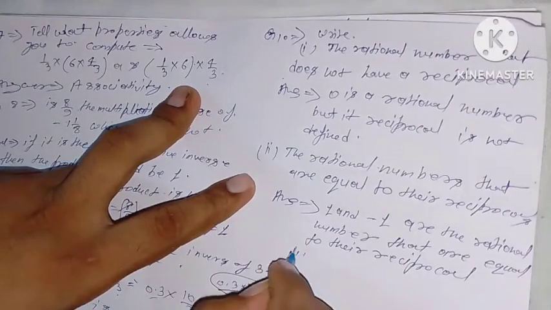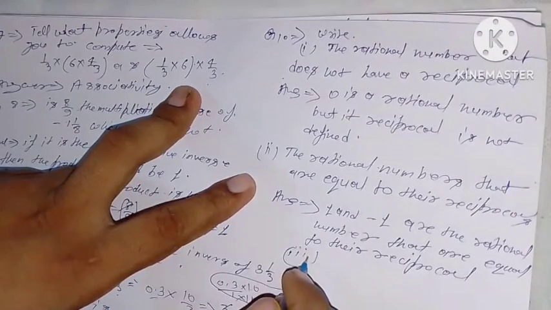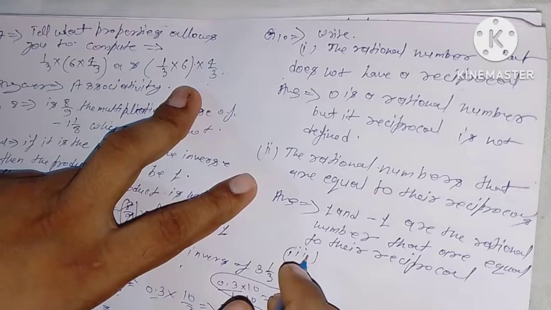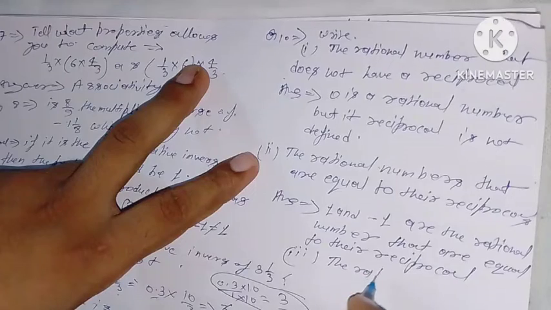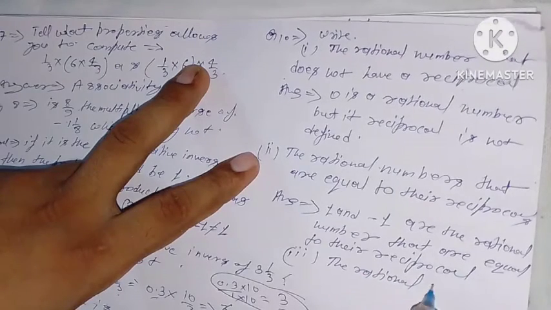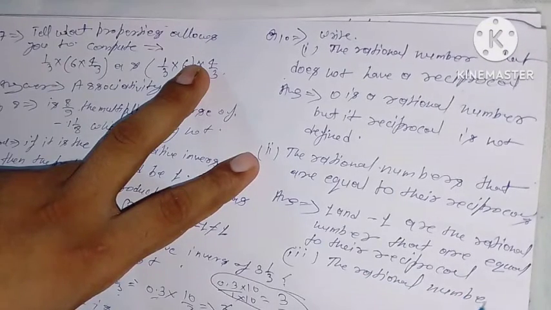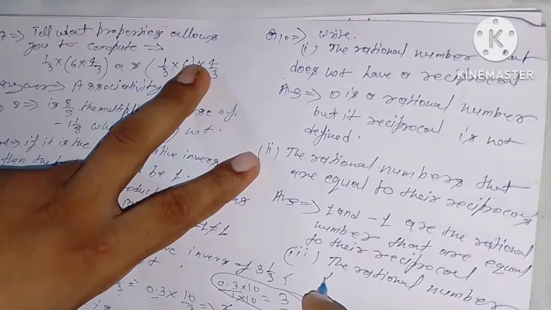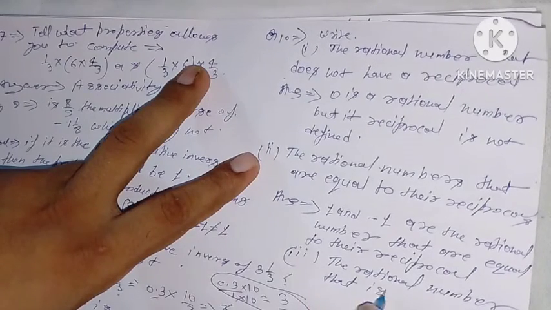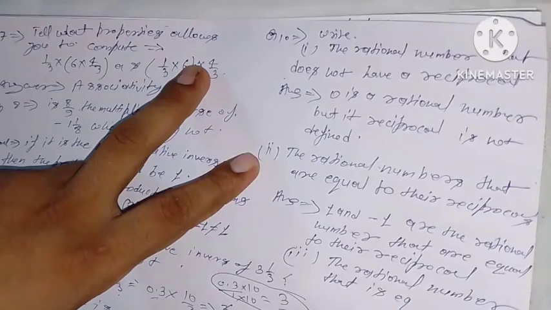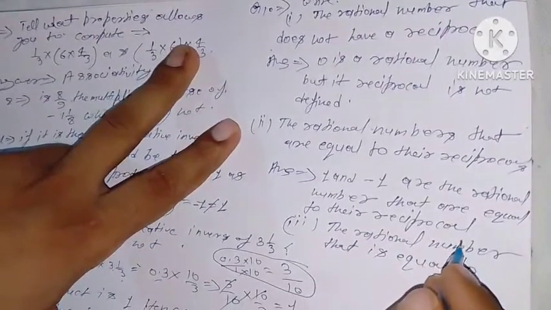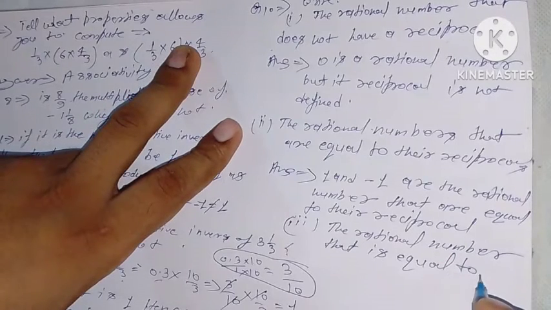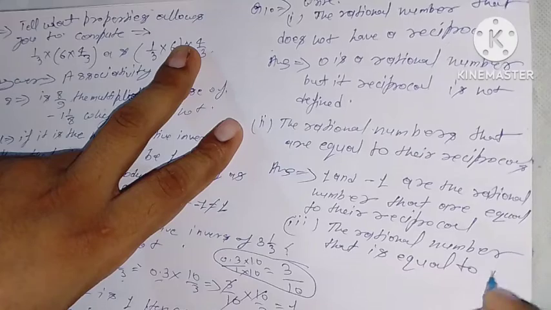Third question: the rational number that is equal to its negative.